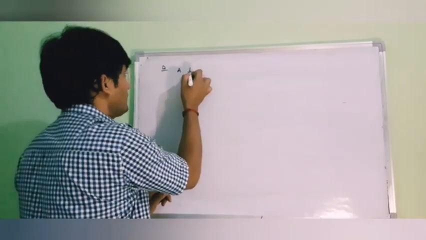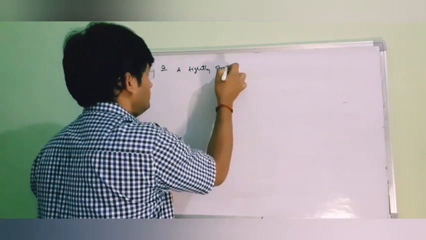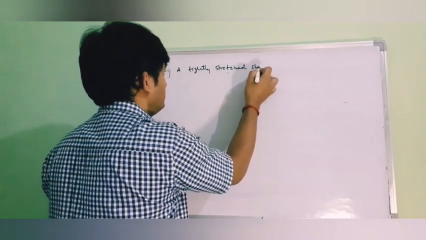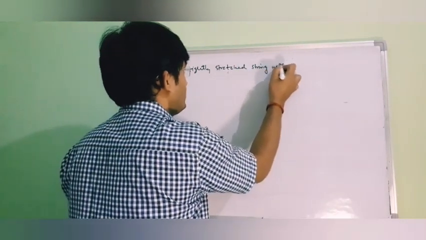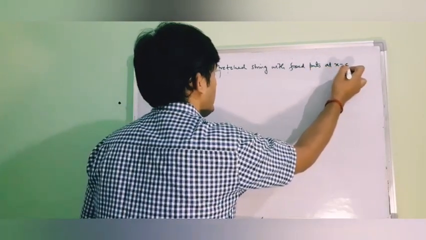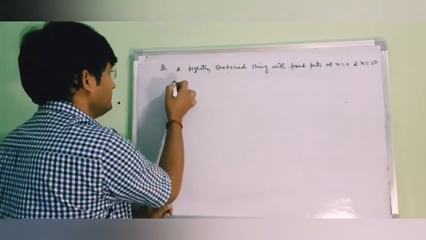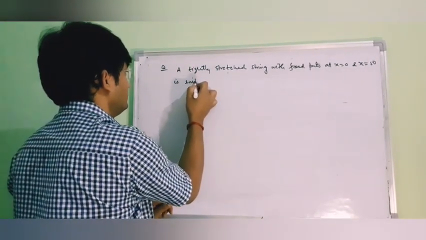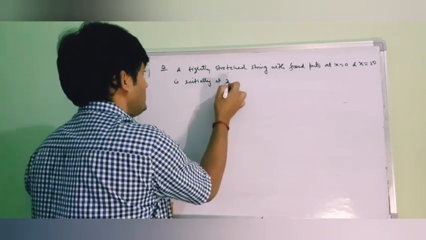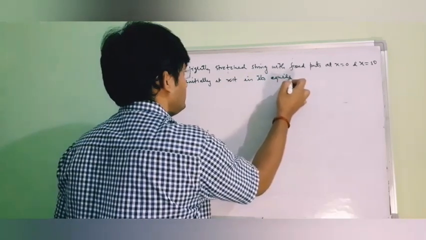Here a tightly stretched string with fixed points at x equal to 0 and x equal to 50 is initially at rest in its equilibrium position.